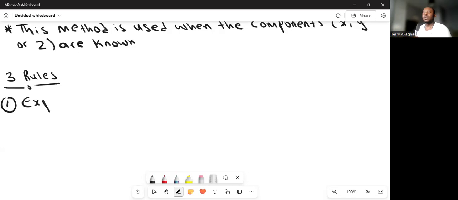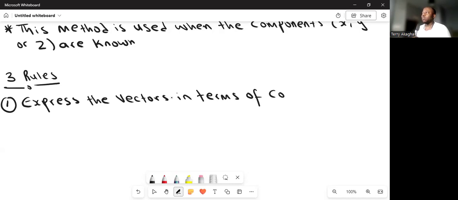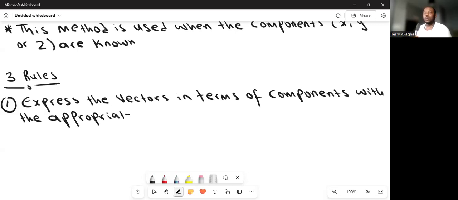So you express the vectors in terms of components using the appropriate coordinate system.